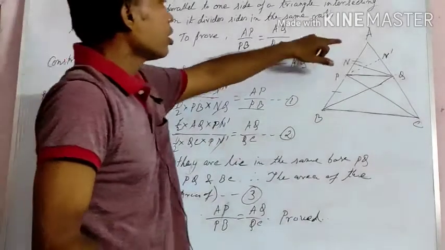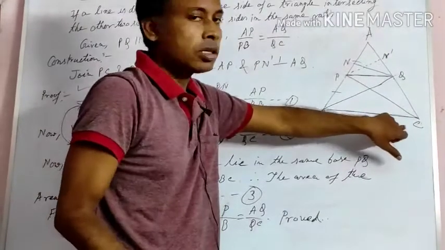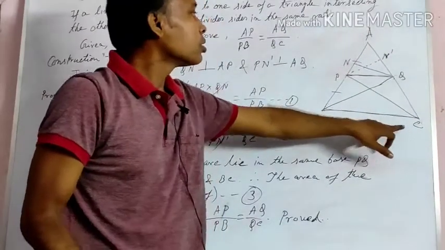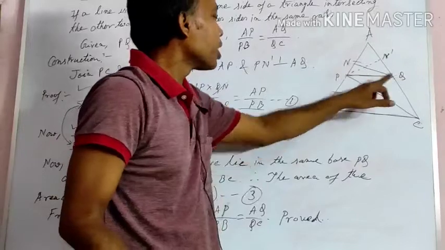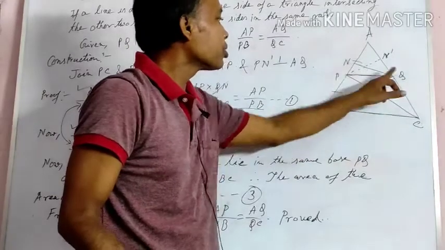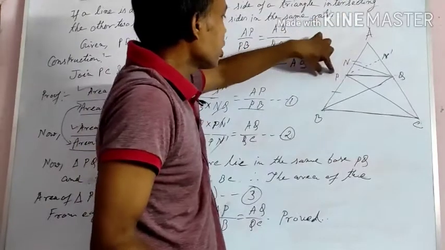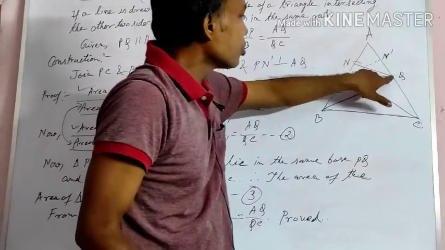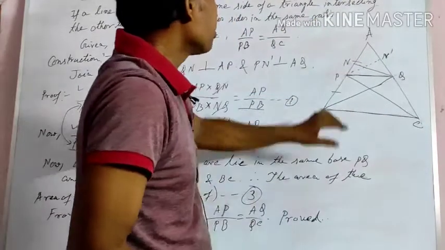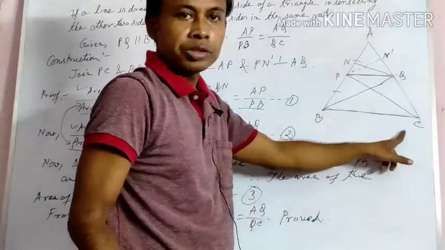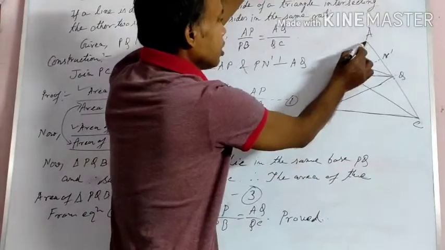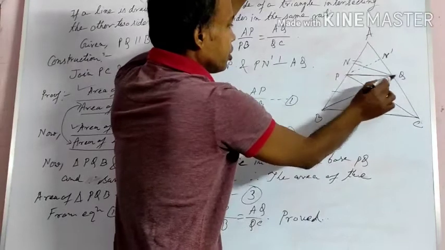Let us go through it again. ABC is a triangle in which PQ is parallel to BC. Since PQ is parallel to BC, you have to prove AP by PB is equal to AQ by QC. First you take triangles APQ and PQB.